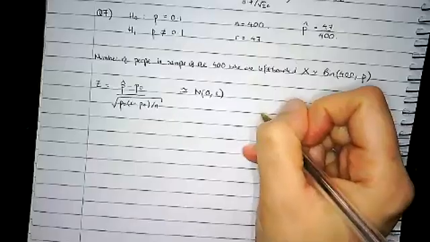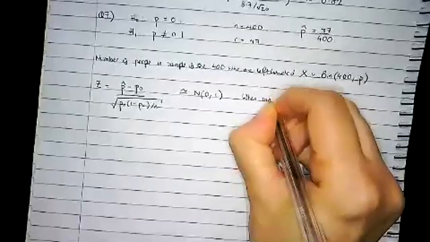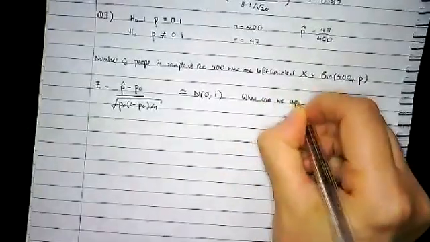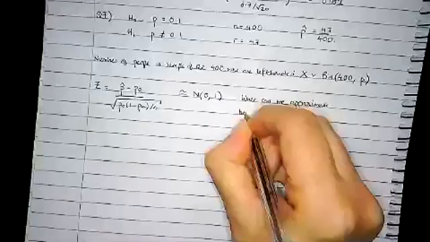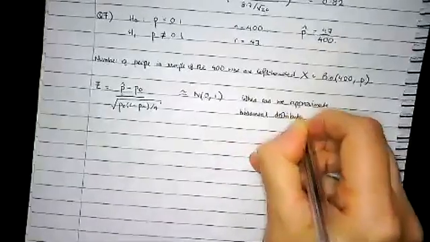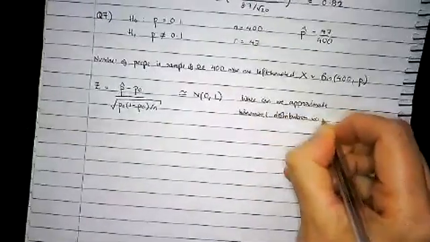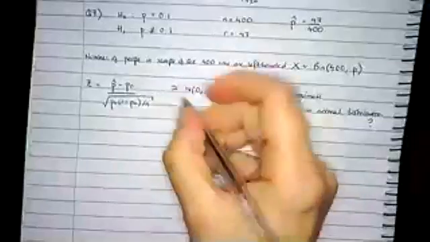And earlier on in the course, we saw when we can approximate the binomial distribution with the normal distribution. So when can we approximate the binomial distribution with the normal distribution, and is that criteria satisfied in this case?